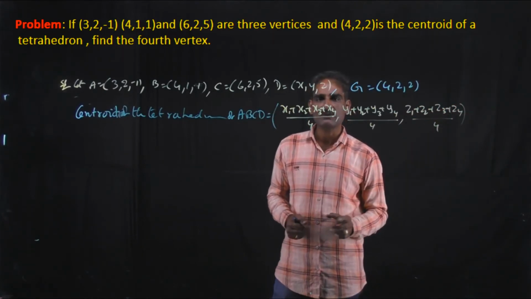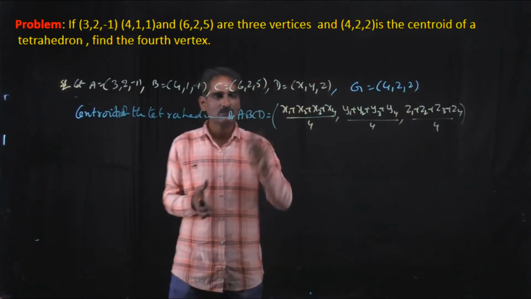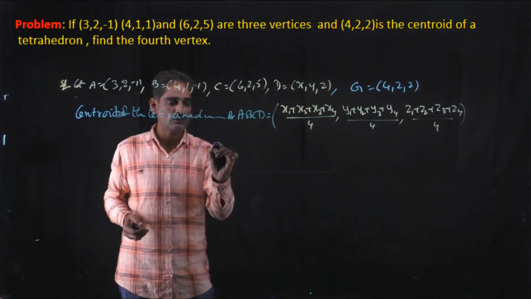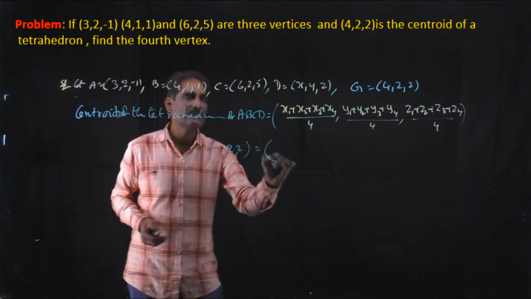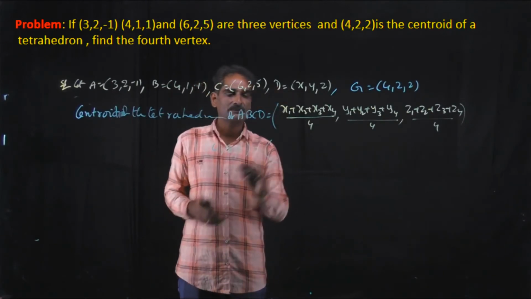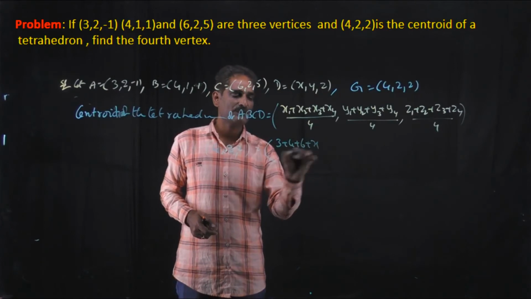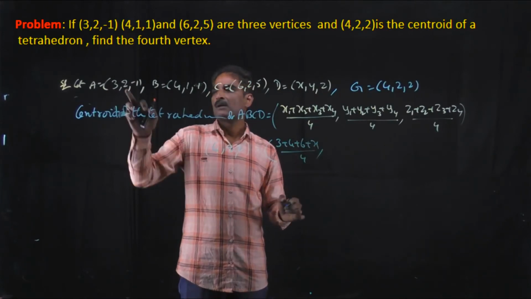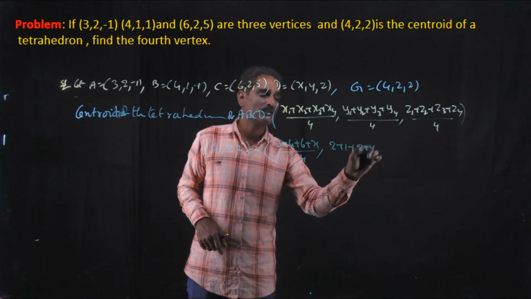This is the formula. Just equate this to (4, 2, 2). Therefore, the centroid of the tetrahedron equals (4, 2, 2). This gives (3 + 4 + 6 + x)/4 for the x coordinate, and (2 + 1 + 2 + y)/4 for the y coordinate.